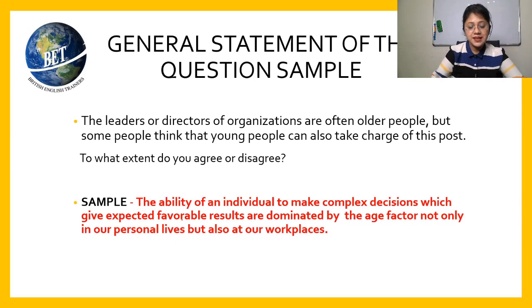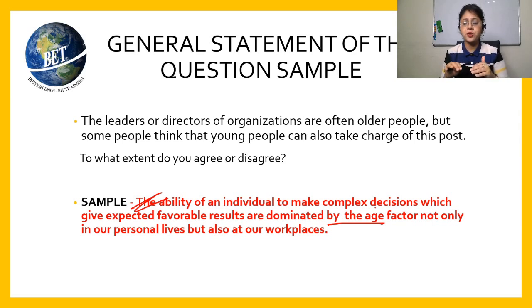Right here you can see that we've got a general statement, a neutral statement: the ability of an individual to make complex decisions which give expected favorable results are dominated by the age factor, not only in our personal lives but also at our workplaces. Now, interestingly, if you look at the question, it does not talk about personal lives and also workplaces.